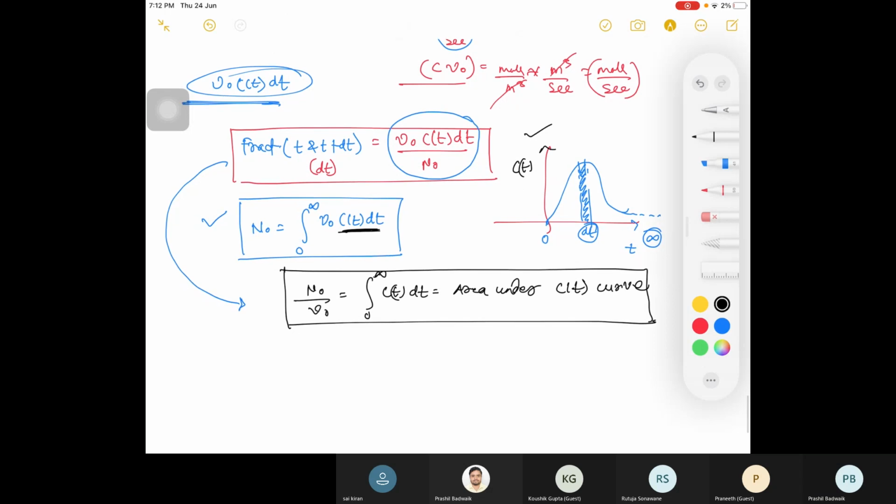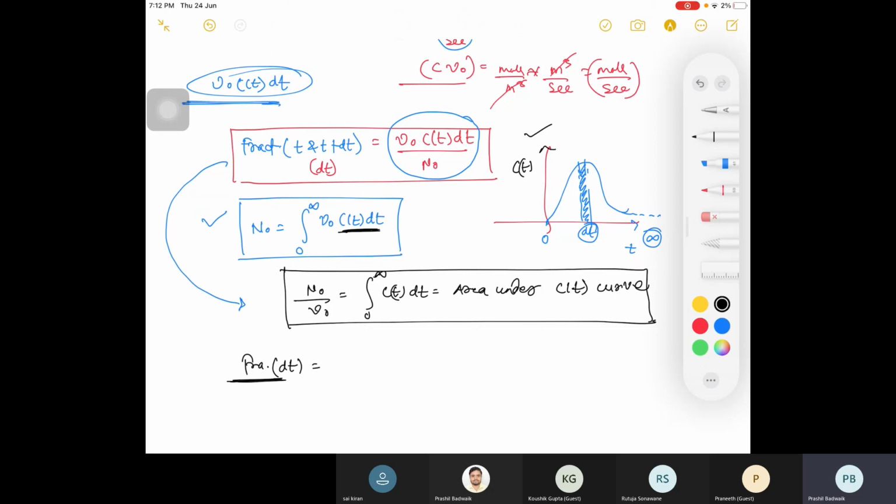Okay, and now your fraction between time t and t plus dt is equal to the fraction at dt. This is not any mathematical representation, just words.